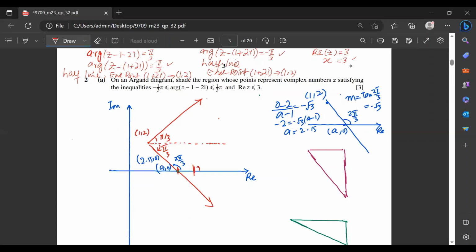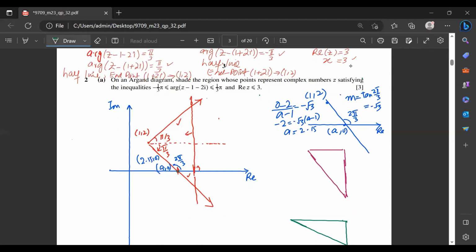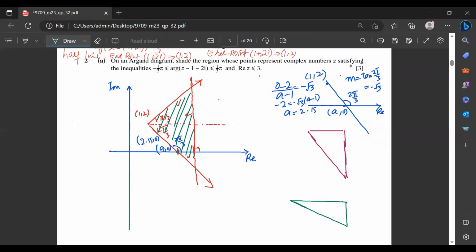After drawing the three loci, the question is to shade the region. Greater than minus pi by 3 means greater than this line, less than pi by 3, and here. So finally, for 3 marks, you shade the region on the Argand diagram. So this is the shading for part A.